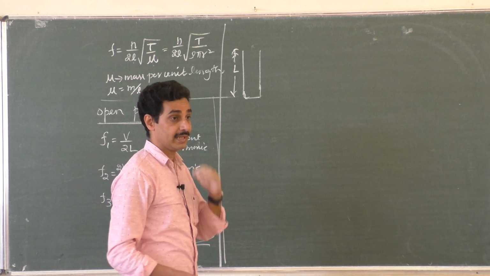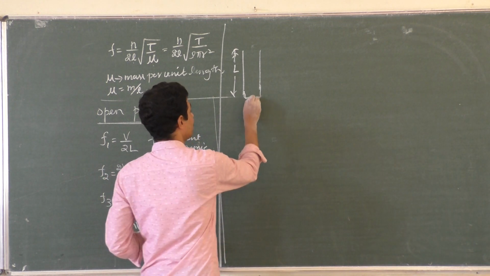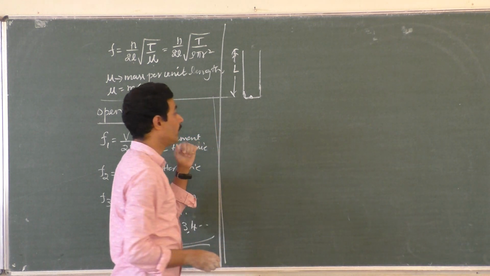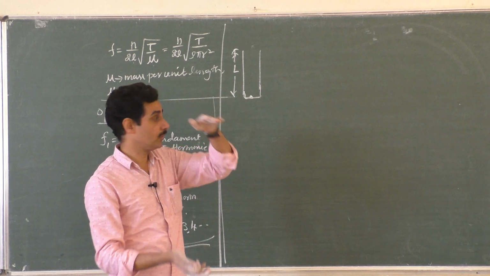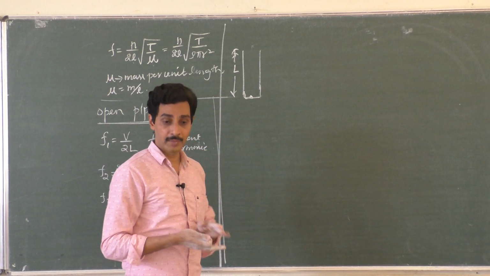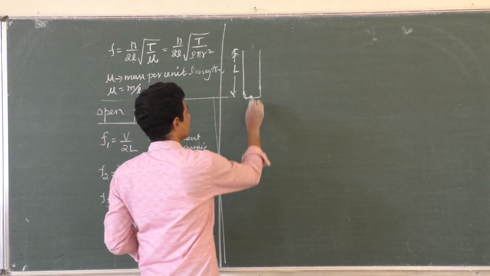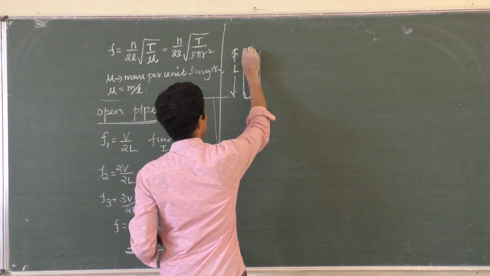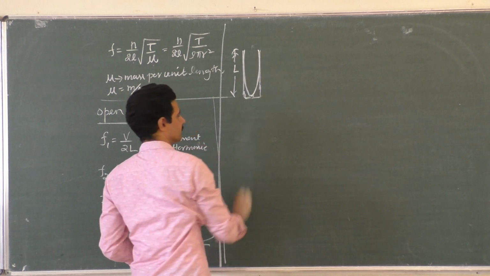That is the fundamental. In the fundamental mode, how will the stationary waves be? This is the place where no vibration can occur, because in longitudinal waves, the particles don't vibrate here. It is the closed end because we have water afterwards, or if it is a closed pipe. So this must be a node, and here should be an antinode. This is the fundamental mode of vibration.